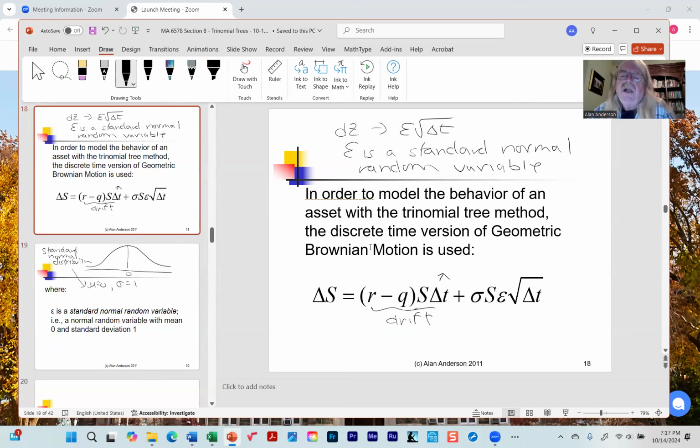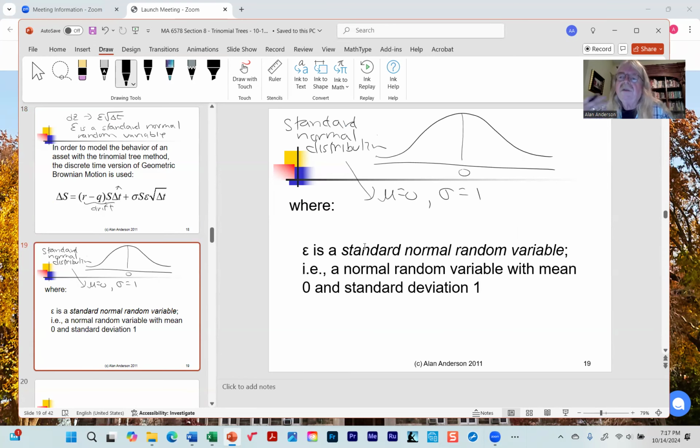So what happens is at every time step, you have to visualize that we're randomly picking a number from this standard normal distribution. So for example, at time 1, epsilon 1 might be this. Time 2, the next epsilon could be maybe here.